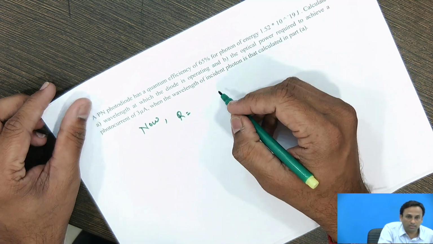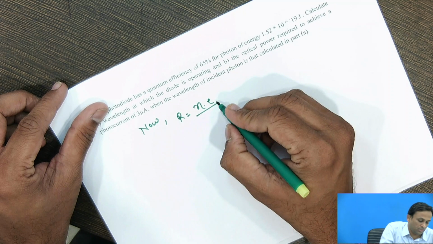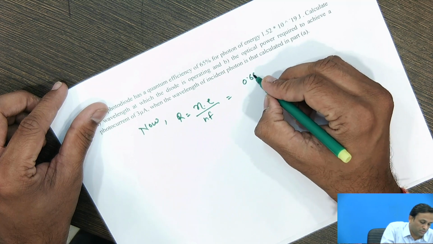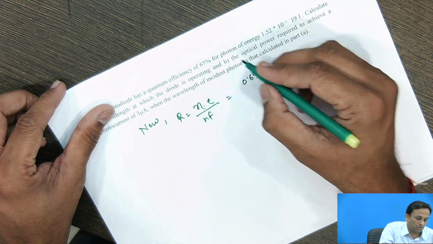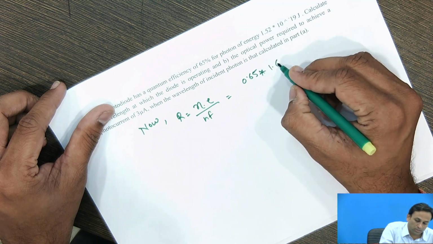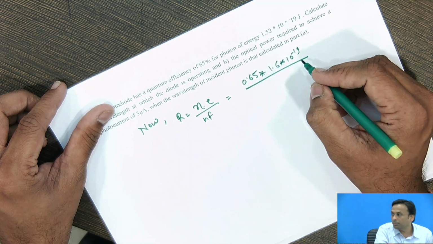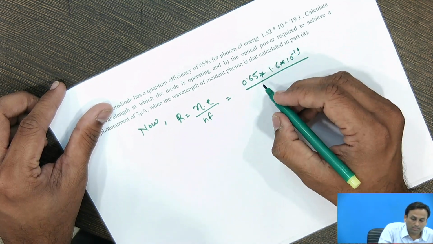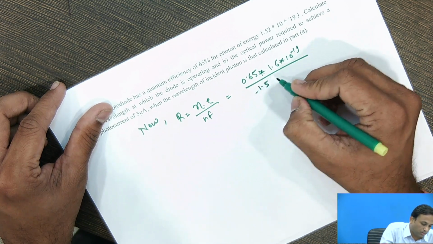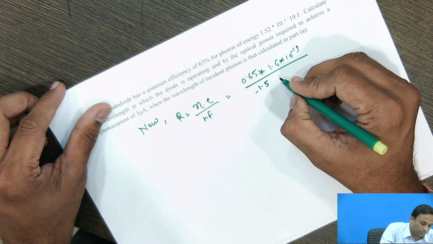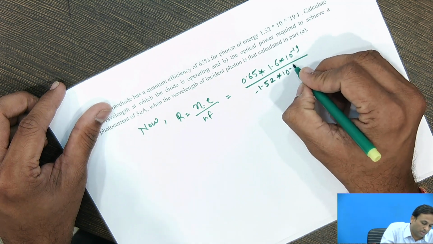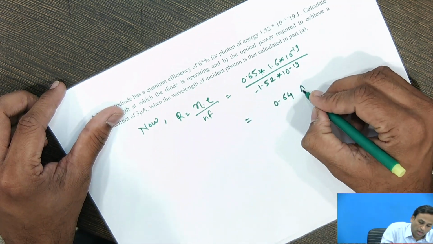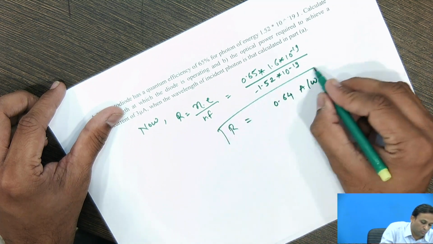We have seen in the previous slide that responsivity is calculated as efficiency times e over hf. The efficiency is given as 65%, so it will be 0.65 into 1.6 into 10 raised to minus 19, divided by hf, which is 1.52 into 10 raised to minus 19. So it comes to 0.64 amperes per watt, that is the responsivity.